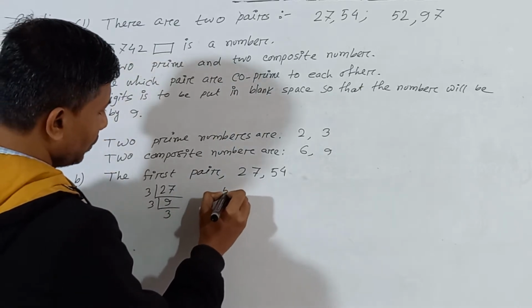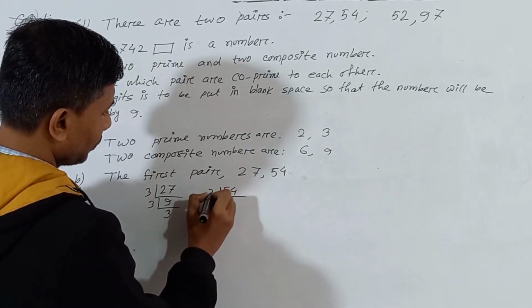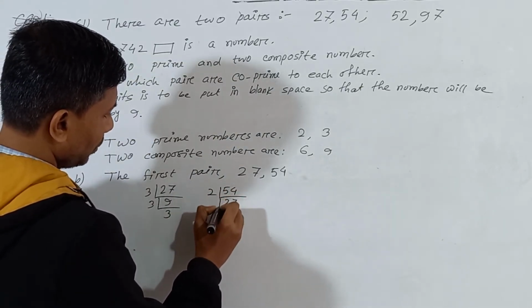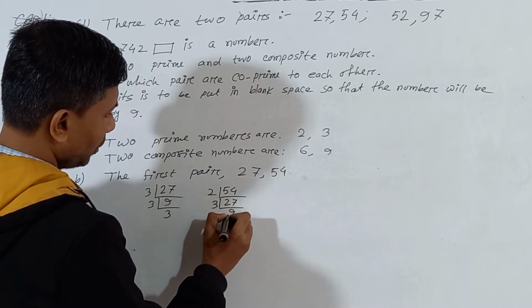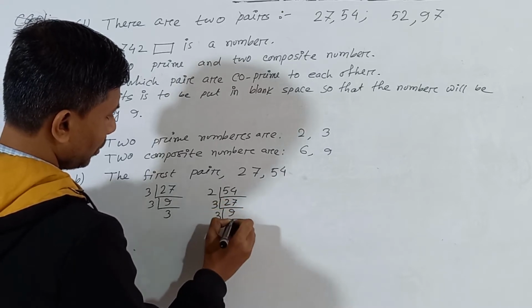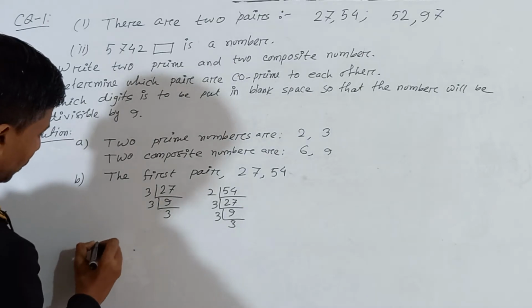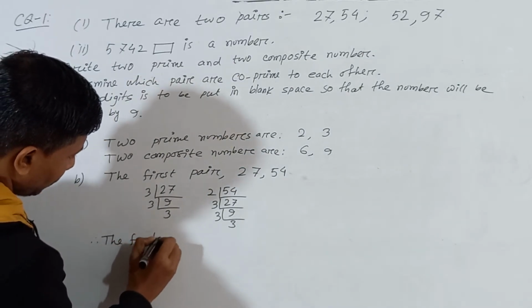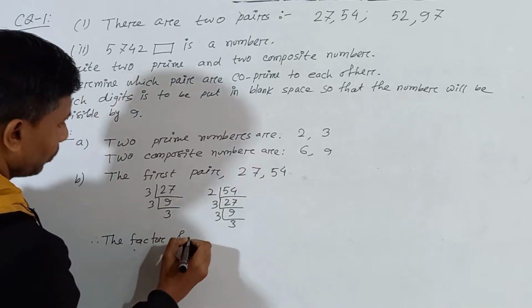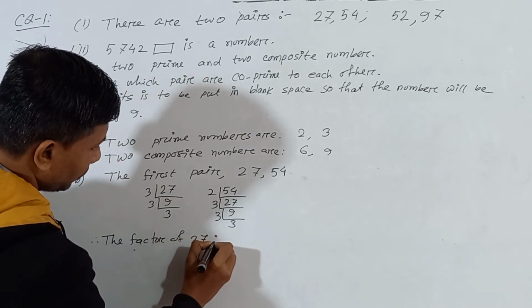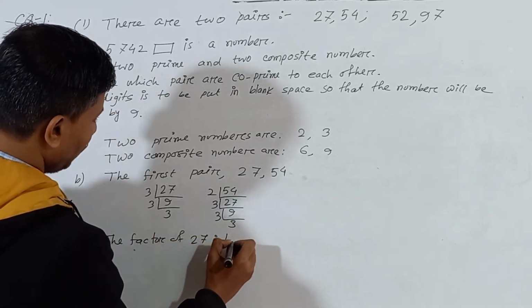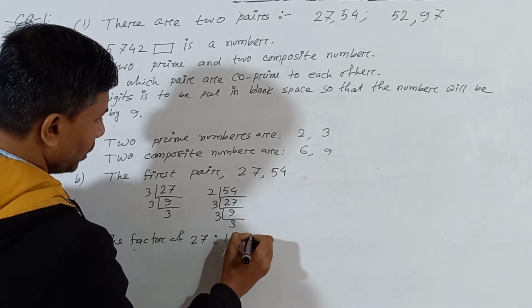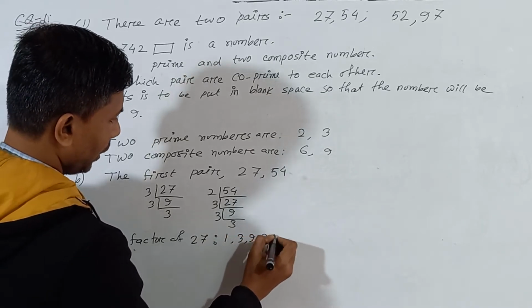Similarly, 54, 27, then 3. Okay. Therefore, the factors of 27 are 1, 3, 9 and 27.